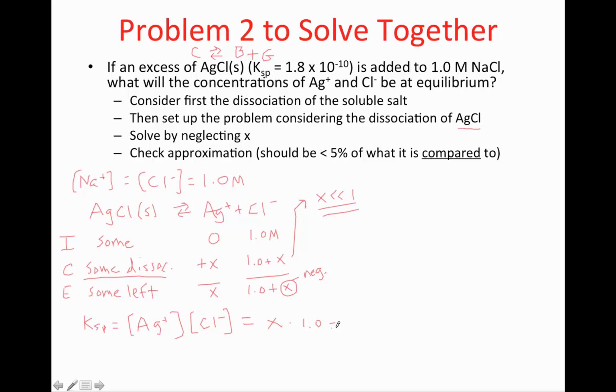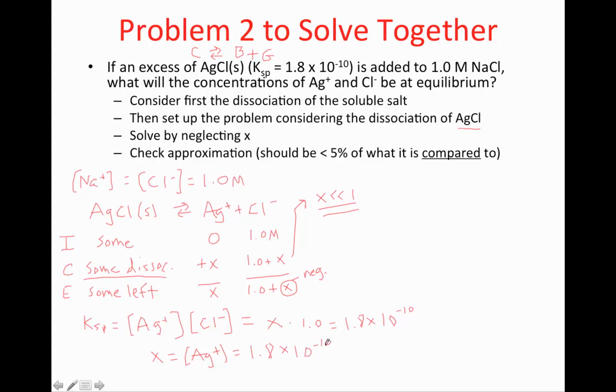And then our Ksp value is 1.8 times 10 to the minus 10, and we can see immediately that the 1 goes away, and we're just left with x, which is the concentration of silver ion, equal to 1.8 times 10 to the minus 10 molar.